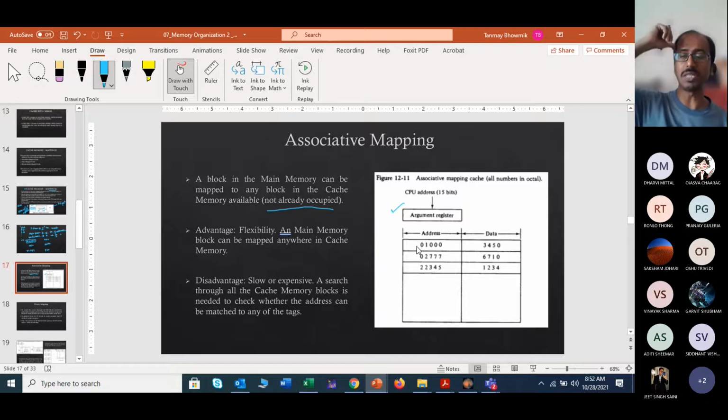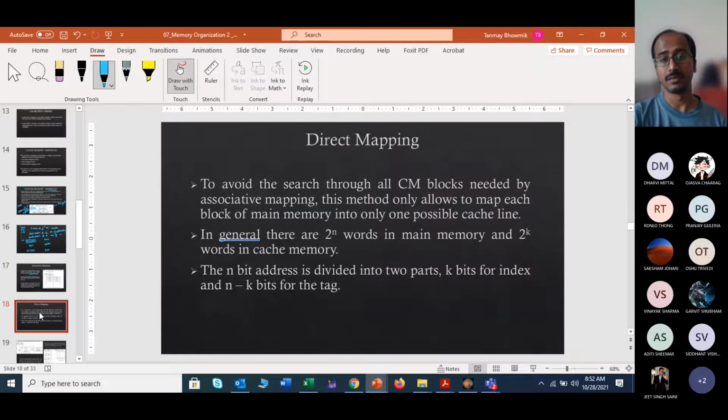So in your cache memory, if any space is available, this data will be kept in that location. Okay, so this is the example of associative mapping. Now let us move to direct mapping.